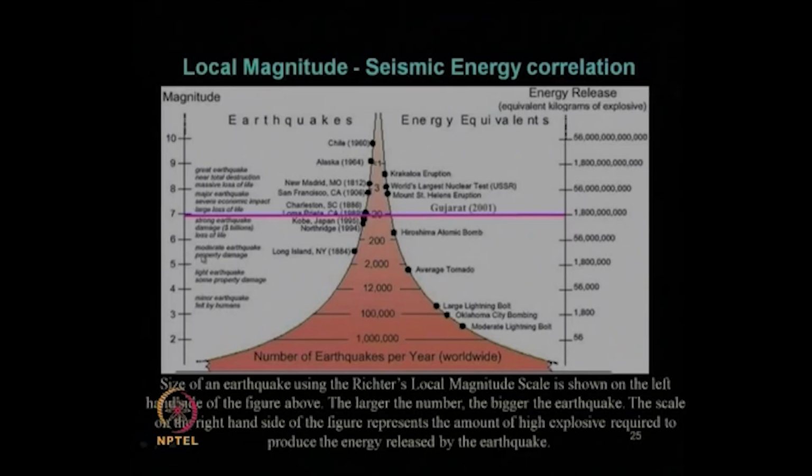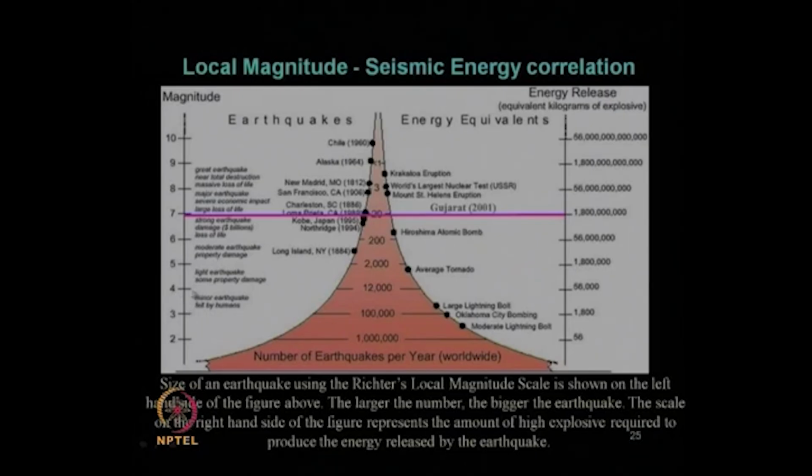This 5 to 6 is moderate earthquake with minor property damage, and between 4 to 5 is slight earthquake with some property damage, and 3 to 4 is minor earthquake which may be felt by human beings.